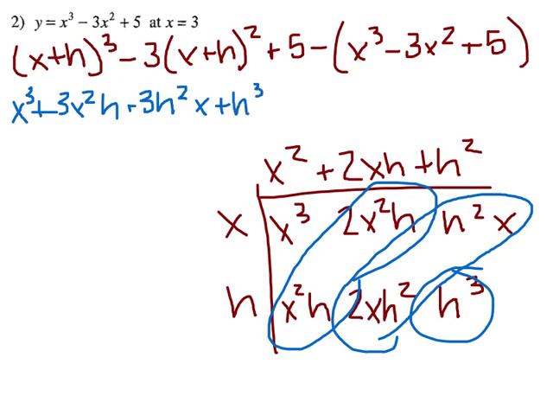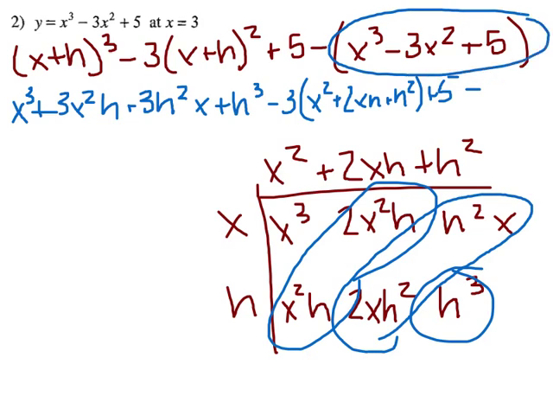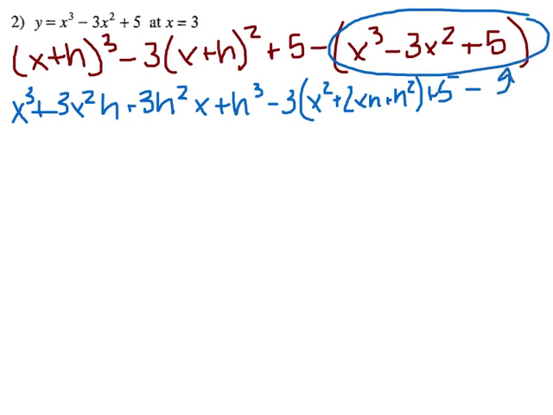And this is going to be then minus 3 times x squared plus 2xh plus h squared, then plus 5, and then we have our minus, I'm out of room, minus all of that stuff there. So we still got quite a bit more simplifying to do, obviously, and remember this is all over h.